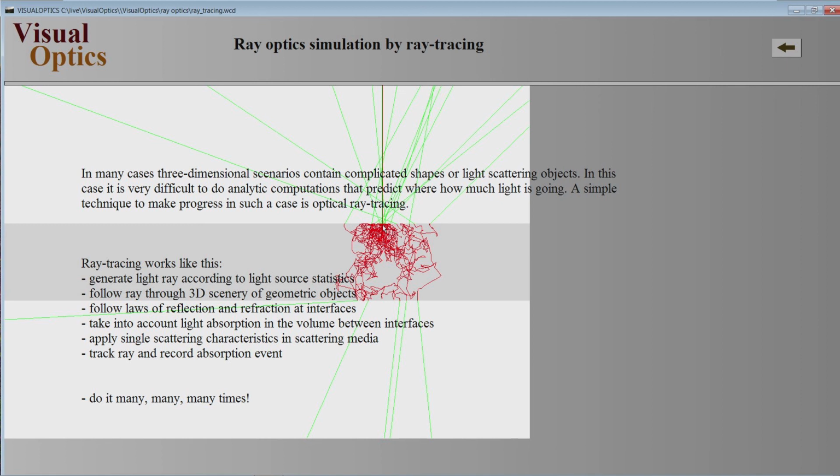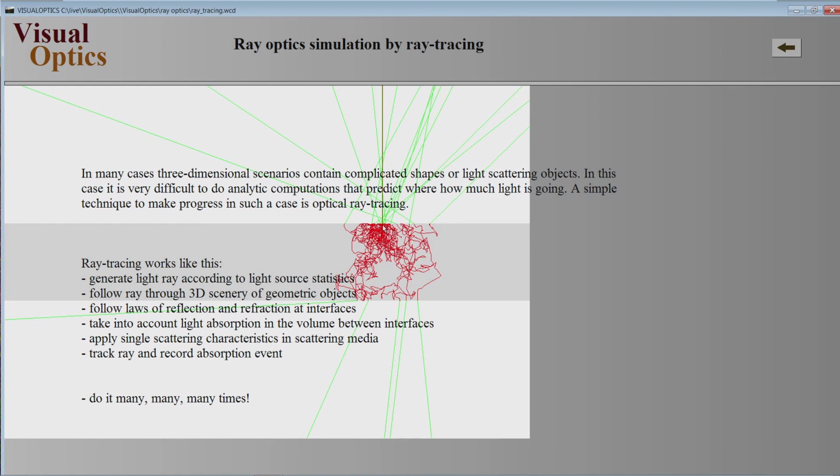Then follow the light traveling further on to the next interface. Consider the absorption while it travels through a homogeneous material, and then when it reaches the next interface, you treat the next interface as if it would be separate from all the others with its reflection and transmission coefficients.